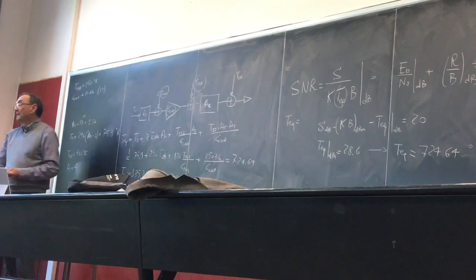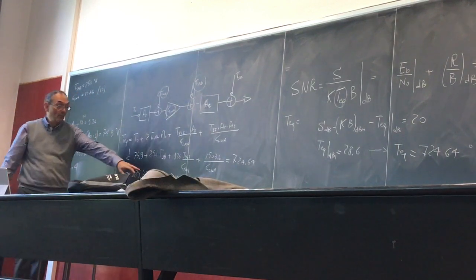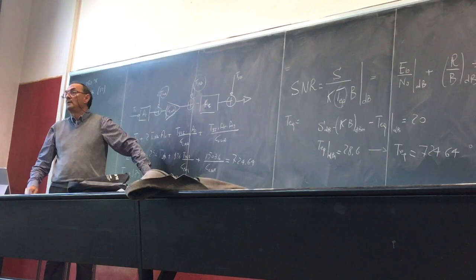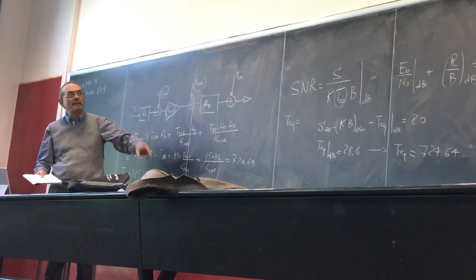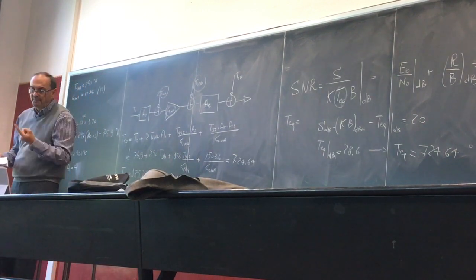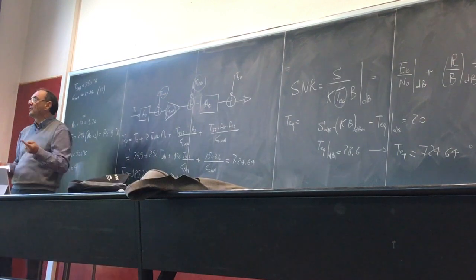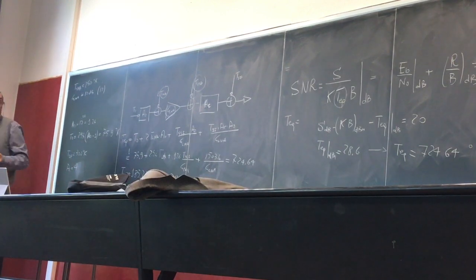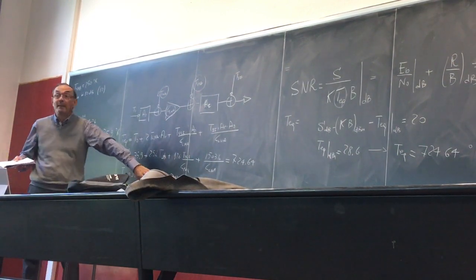Okay, this is about double the minimum value requested. The minimum value is 1 dB. In other words, noise figure must be larger than 1 dB. Actually, here we have a lot of margin.